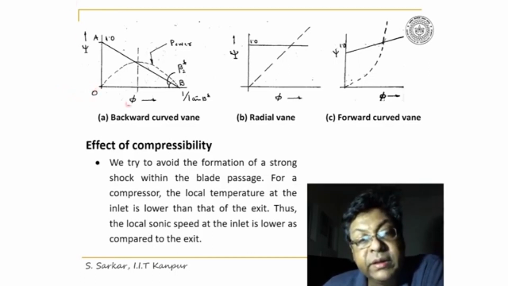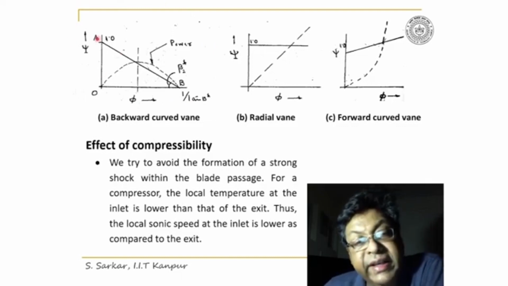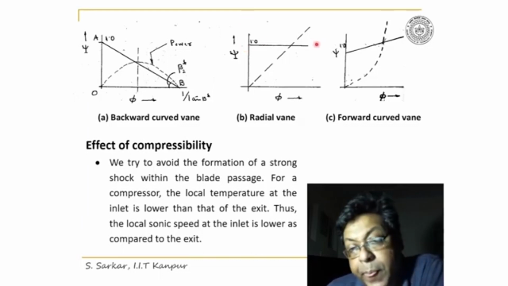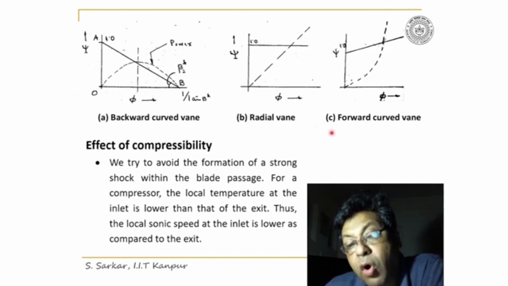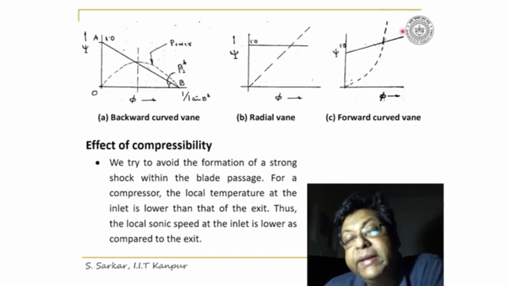This is for backwardly curved vane. Here you can see xi decreases with respect to phi, whereas for a radial vane, xi remains invariant, and for a forward curved vane, xi increases with phi.